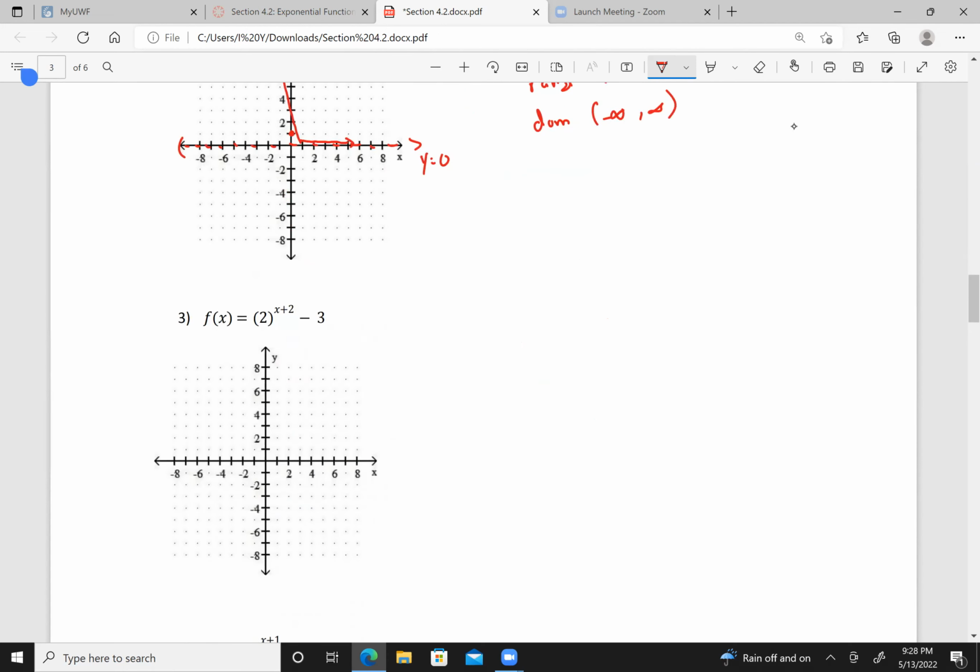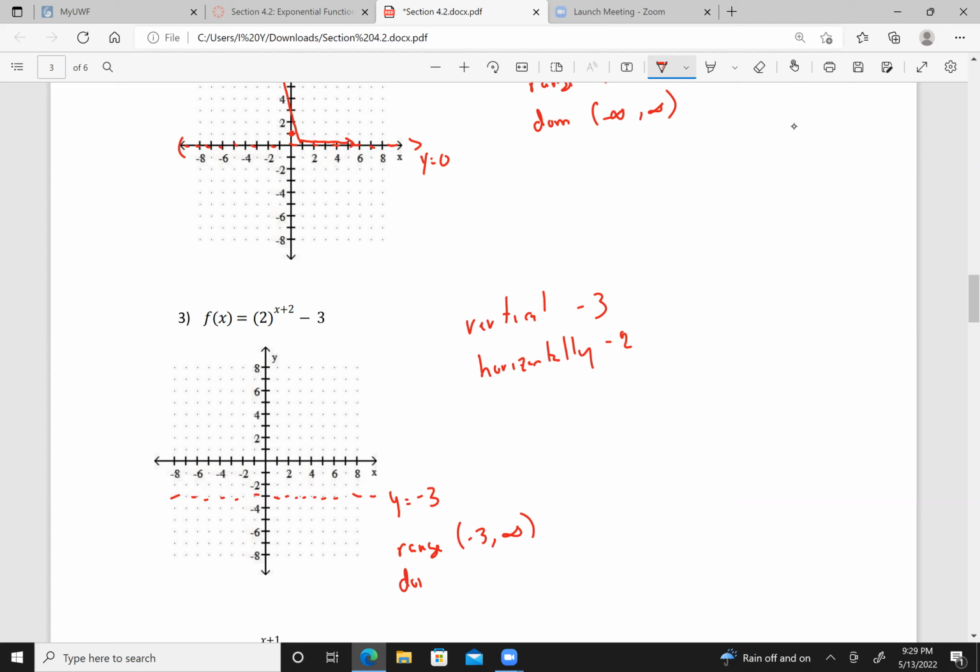So here we're going to shift vertically -3 and horizontally -2. So that means my asymptote is at -3. All right, shifting down vertically, -3. Y equals -3 is my asymptote, which means my range will be -3 to infinity.